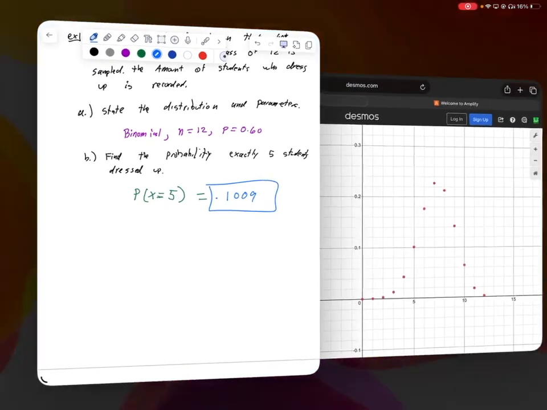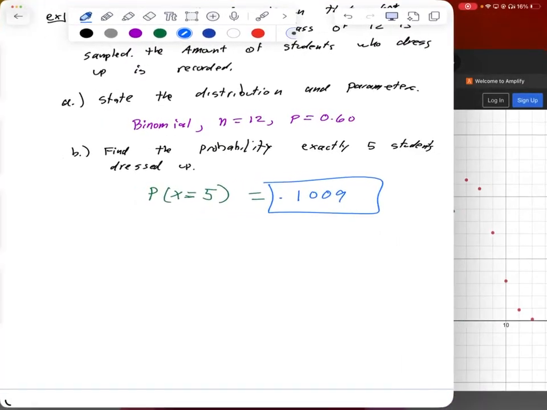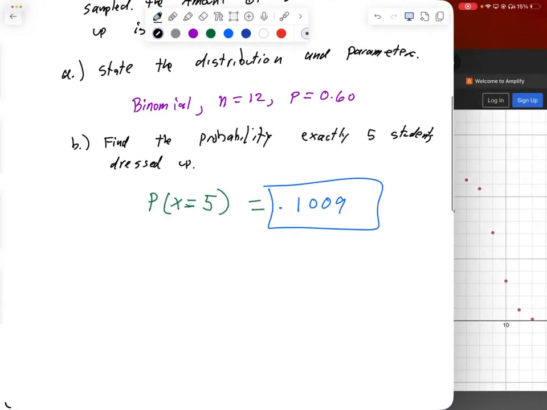All right, let's try another one. Find the probability that more than half dress up.